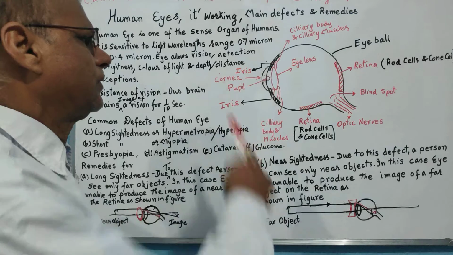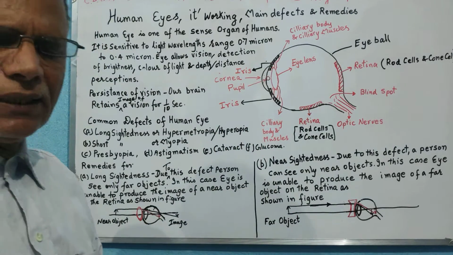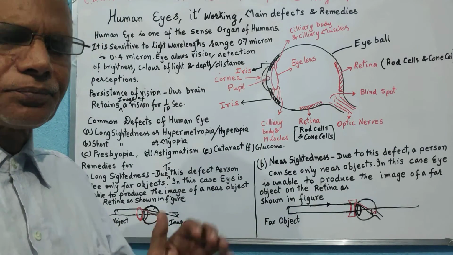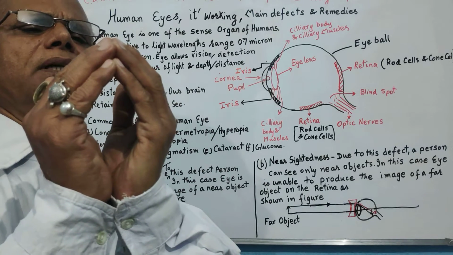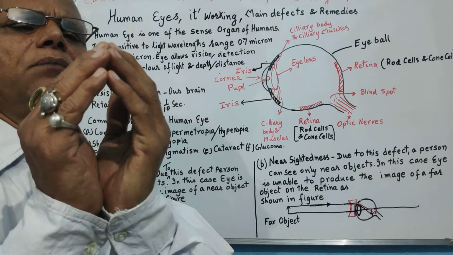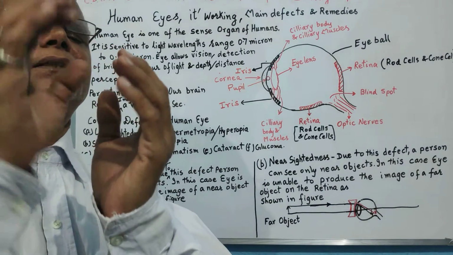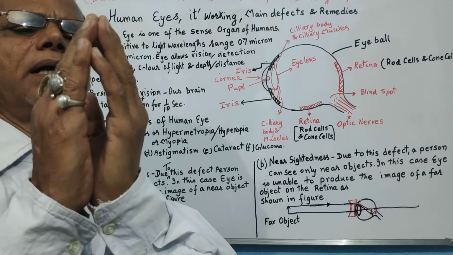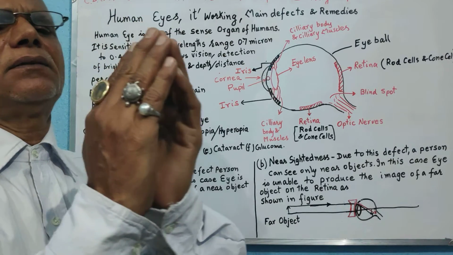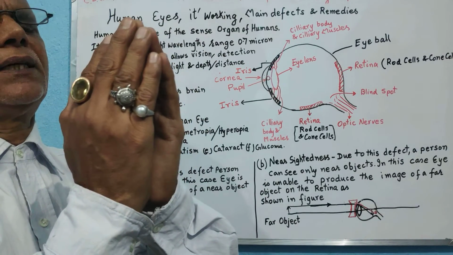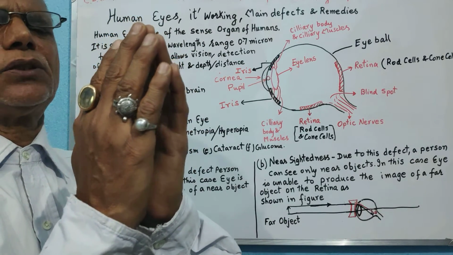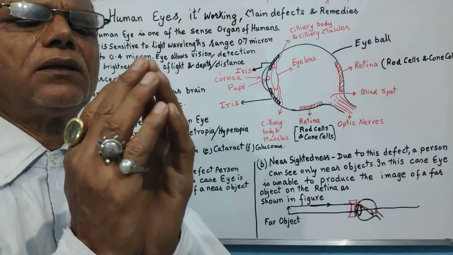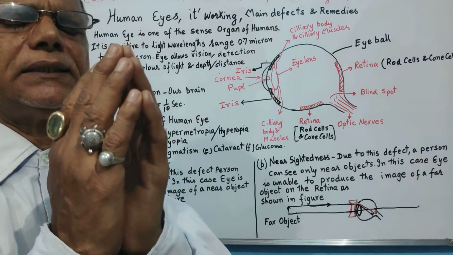And while it is doing so, when the ciliary muscles are shrinking, their length is reduced, so the lens is pulled, and that means the central part, the thickness of the lens, is reduced, so the focal length of the lens is increased.